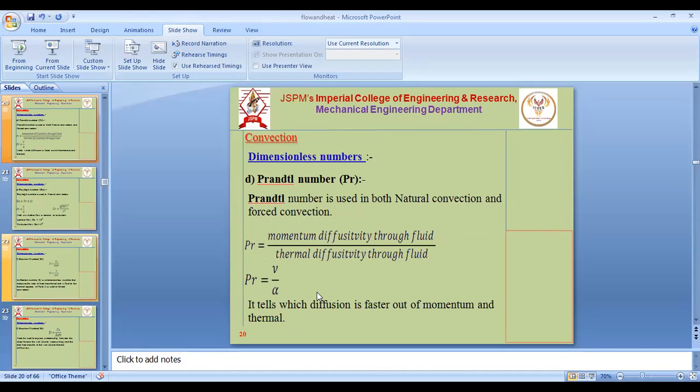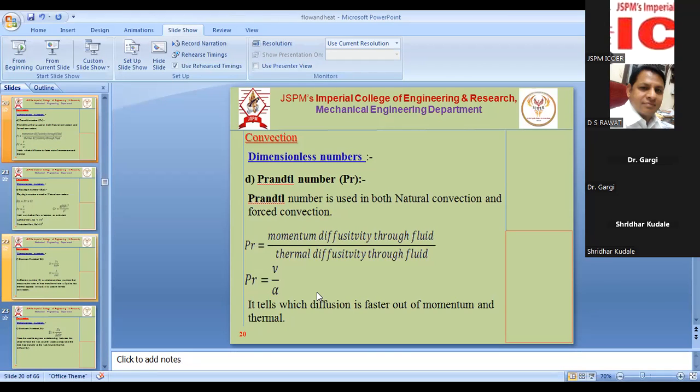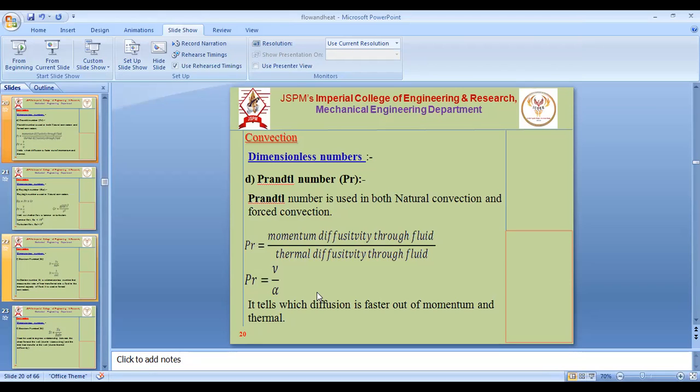Then comes the Prandtl number. Similar to the Nusselt number, it also appears in both forced as well as natural convection. The Reynolds number occurs only in forced convection, and the Grashof number occurs in natural convection, but the Nusselt number and Prandtl number occur in both.